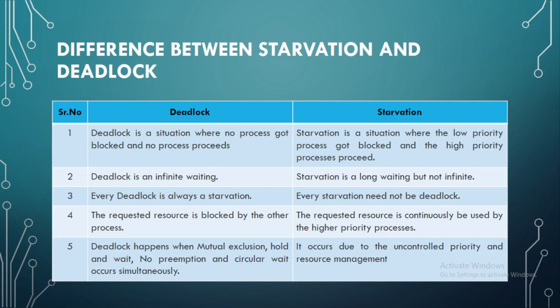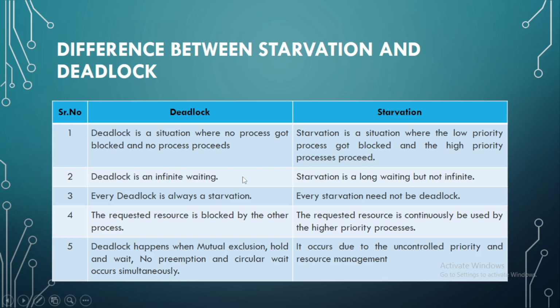And what is the difference between a starvation and a deadlock? Deadlock is a situation where processes get blocked and no process proceeds. Starvation is a situation where the low priority process gets blocked and the higher priority processes proceed.